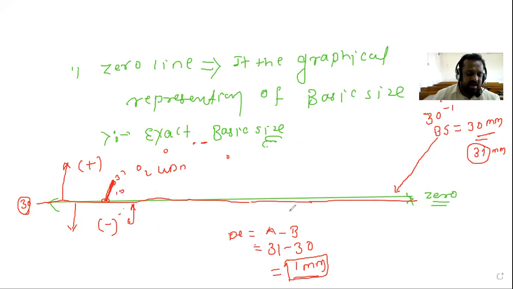Okay, upper deviation and lower deviation. Did you understand the concept? Yes, sir. So how much it deviated upward from that 30, and how much it deviated downward from 30. Okay, if it is upper, it is positive. If it is lower than that zero line, then it is negative. Okay.